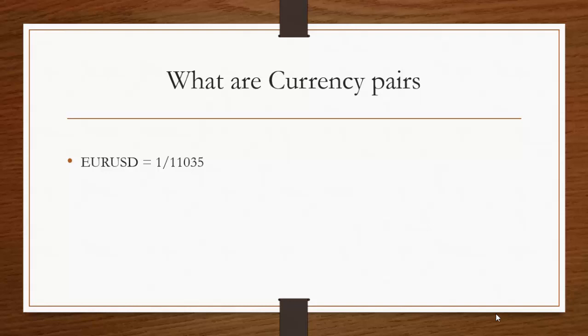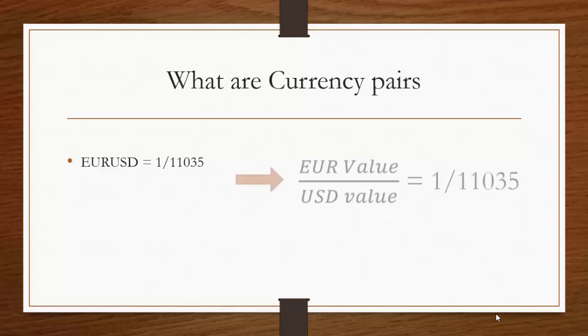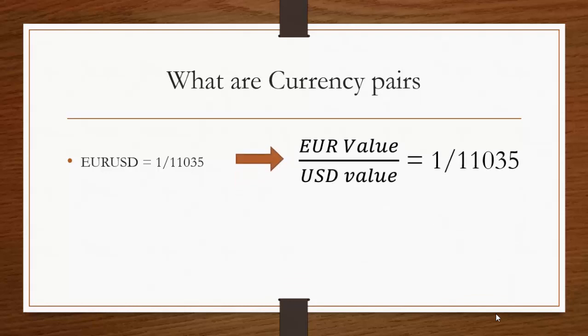Euro USD price is equal to 1.11035. This means the value of EUR, euro, as the first currency in the pair is 1.11035 times greater than the USD value as the second currency in the pair.